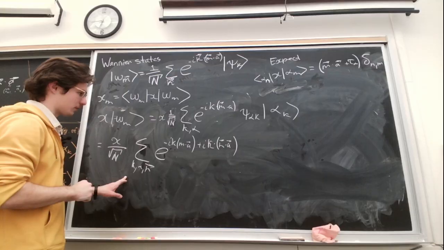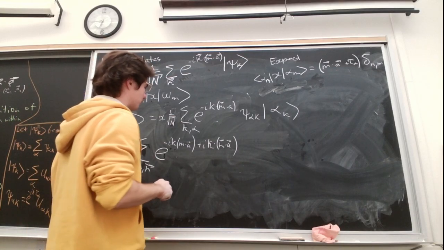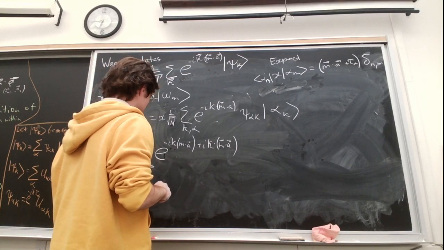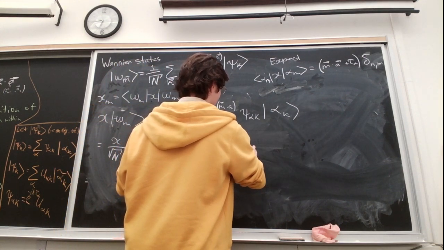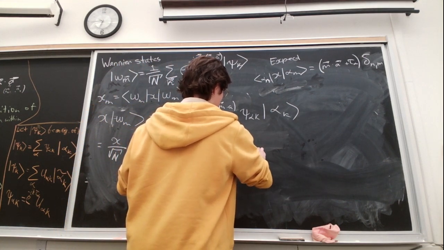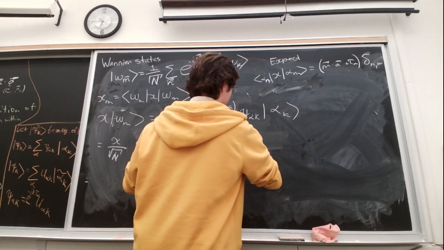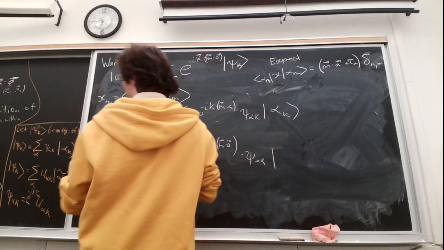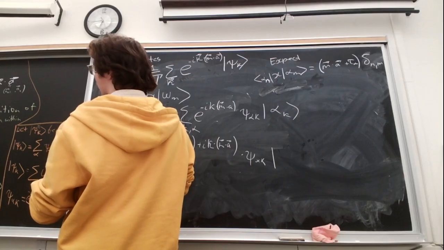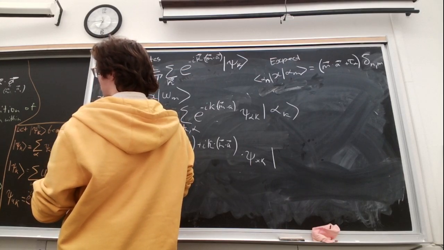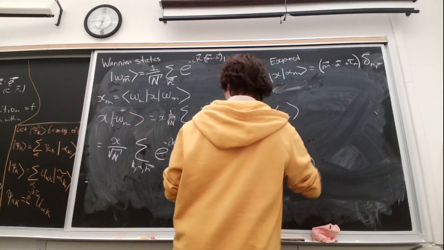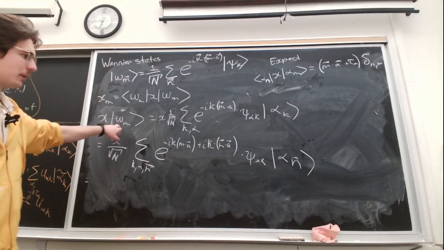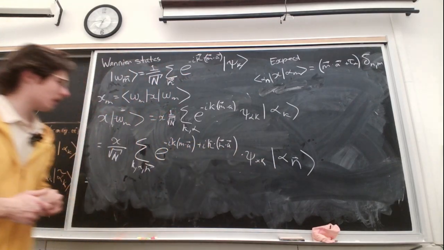I'm starting to see how things might cancel now. And then times psi alpha k times alpha n. Because the m was from here, and so the n is from this side.